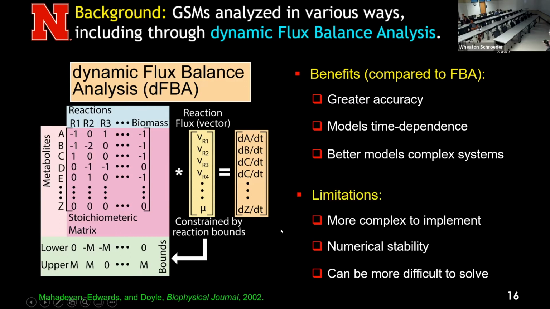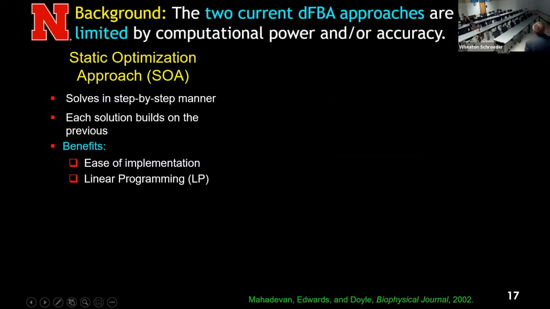However, it has a few limitations because it can be more complex to implement, especially since it's a large system of ordinary differential equations. It can also have issues of numerical stability as well as numerical tractability. In the past 2 decades, there's almost exclusively been 2 approaches used to perform the DFBA.